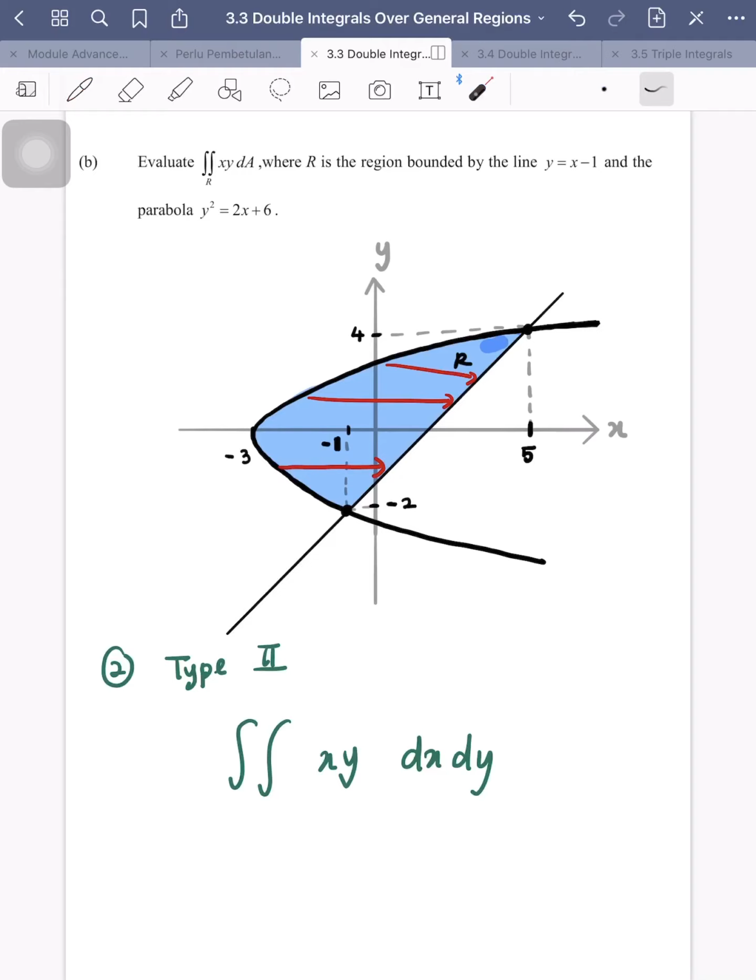Everywhere here, from left to right, it will meet this curve as a base, the same curve as a base, and the same line as the top. So you don't need to separate the region because it has the same base and the same top.